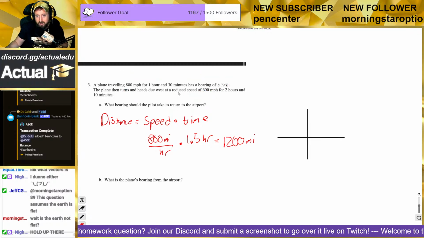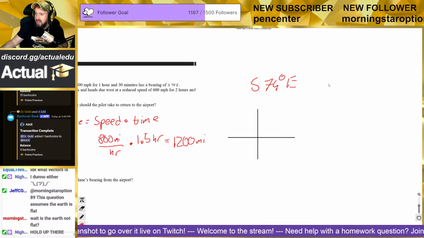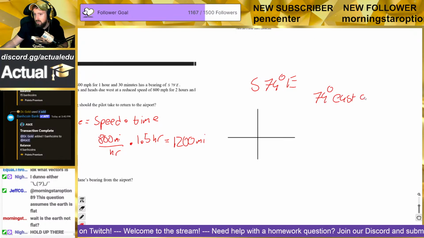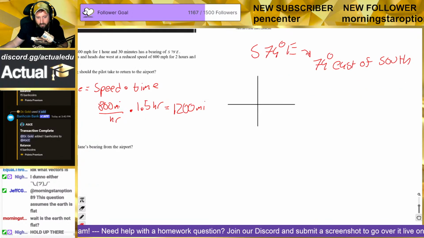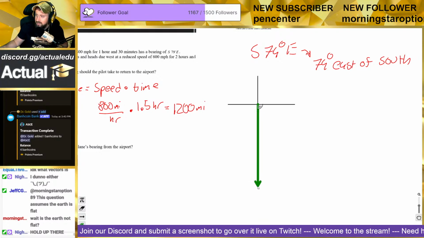That's this, okay? And then let's draw that. So south 79 degrees east is the same thing as 79 degrees east of south. It's weird, but that's the way I like to remember it. So if I was going south, I would be going this way. But I'm going 79 degrees east of south.